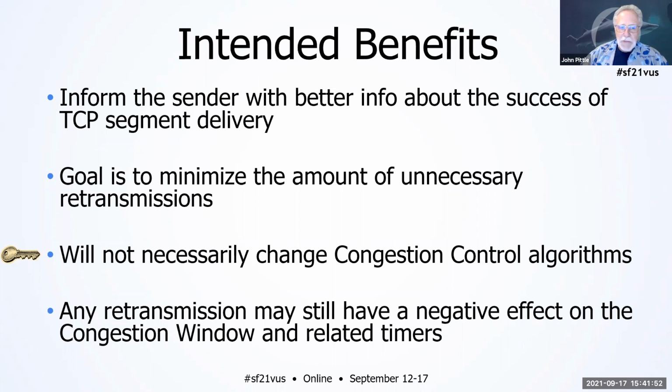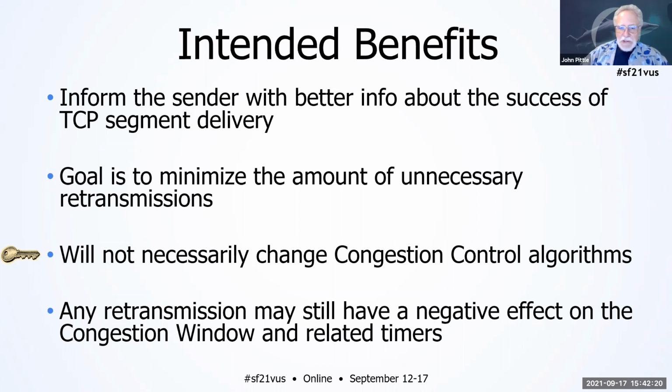One of the interesting points, and I put a little key next to this, is that the use of SACK is not necessarily going to change the way congestion control works. In fact, I don't think I've seen an example where it defeats or modifies the behavior of what you would call typical congestion control, depending on which congestion control features are configured and negotiated.